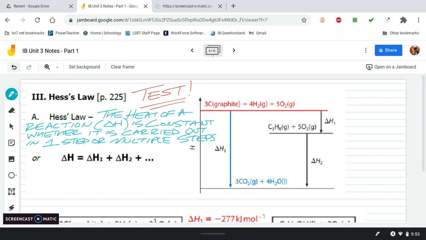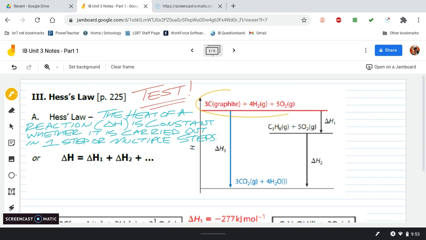So what this is telling you is that the path doesn't matter. It's just the end result. So the path is not important. It's the end result. So if you look at these graphics here, you can look at these various steps.